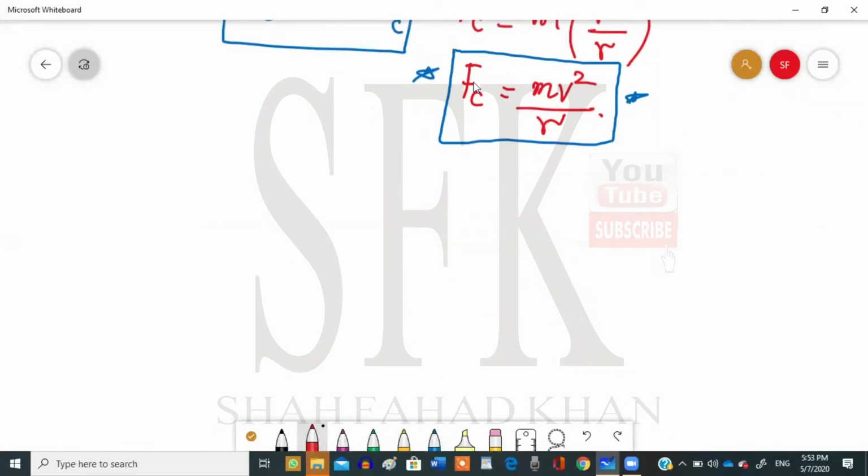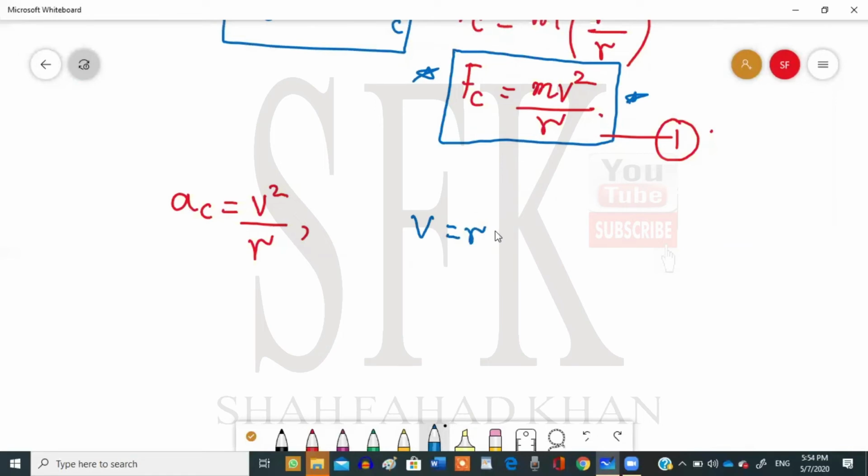This is one way of calculating the centripetal force. Now, another way. We know the centripetal acceleration is equal to v squared upon r, and we also know that linear velocity and angular velocity are related by v is equal to r omega.